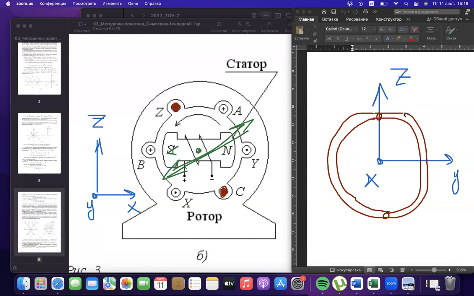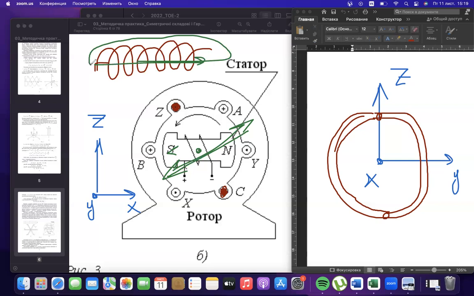It is a one-wire coil, but it could be a multi-wire coil. If the magnetic field is perpendicular, then the amount of magnetic field is maximum, and the current and the voltage generated on this coil become maximum. If we connect this coil to some system, the current will be maximum.